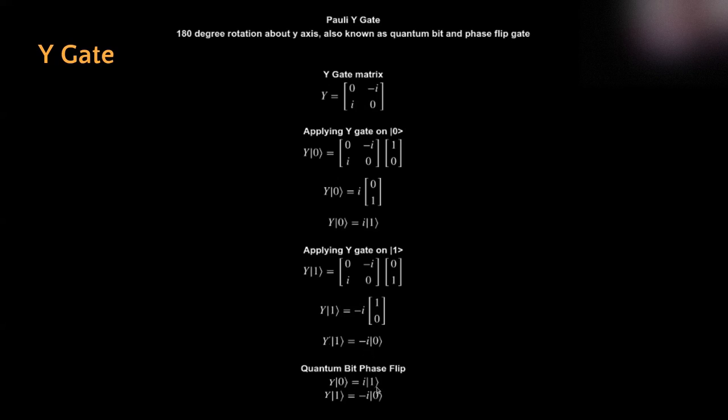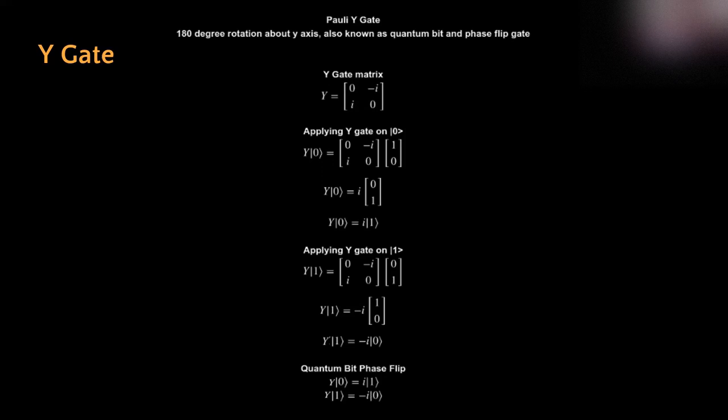So if we look at it carefully, the state of ket0 gives us ket1 and state of ket1 gives us ket0. And this is just like X gate. Therefore, quantum bit flip is happening over here. But there is one more thing. We get these scalars multiplied to our state vectors, I and -I, and these are an effect of the phase flip that we're seeing over here.